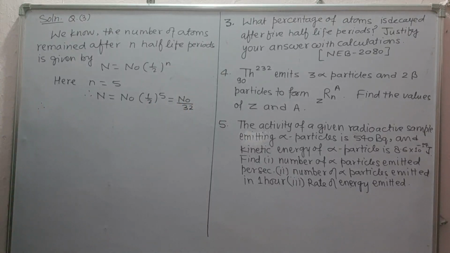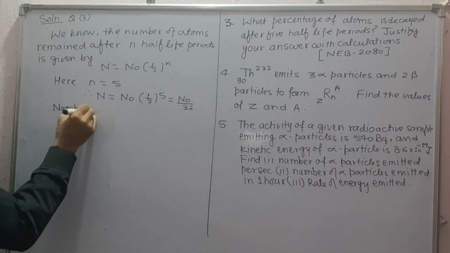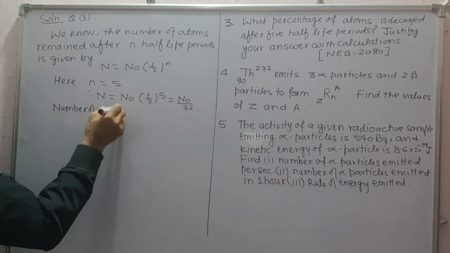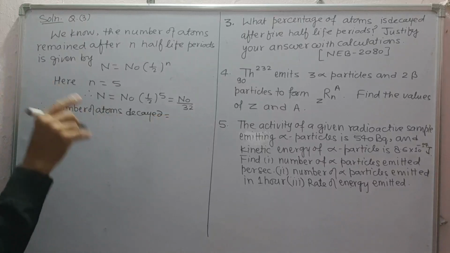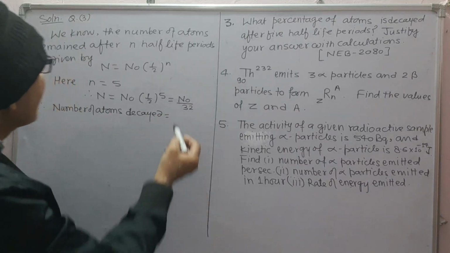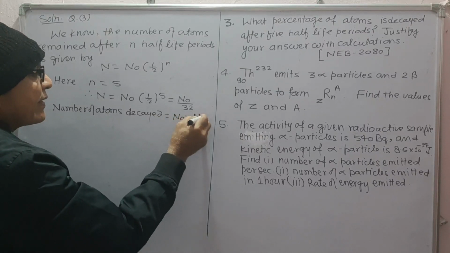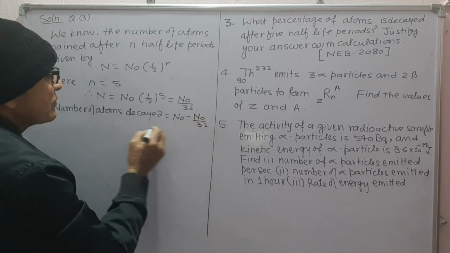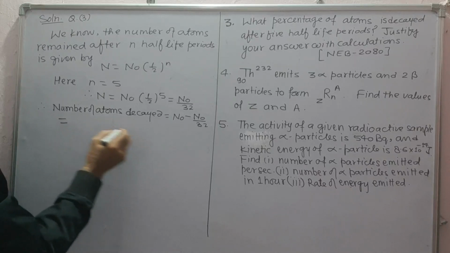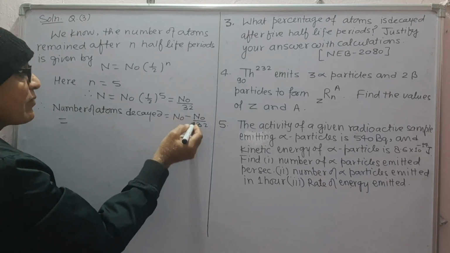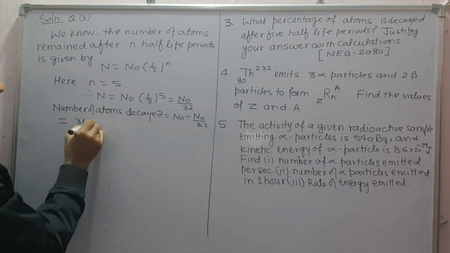Therefore, number of atoms decayed will be equal to initial number of atoms N naught minus number of atoms remained, means N naught minus N naught by 32, which is equal to 1 minus 1 upon 32, means 31 upon 32 N naught.